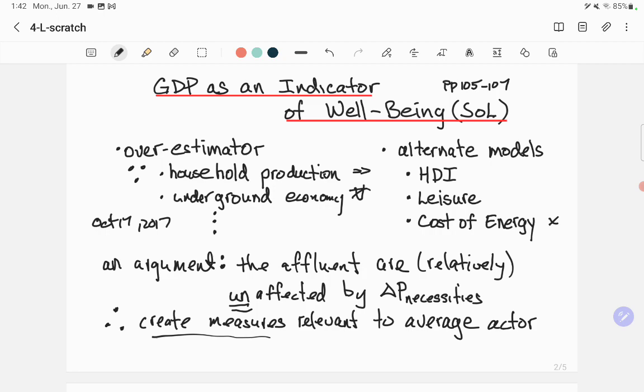So the argument is you choose different indicators so that your data, that your model can be more relevant to the actual people that are being affected. And you see this now. A lot of people are upset because of the prices. Prices are going up.